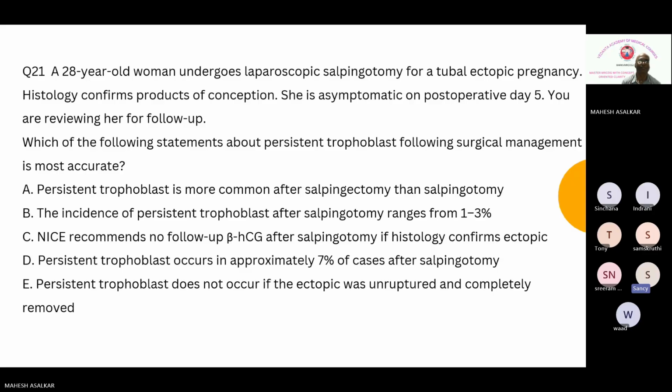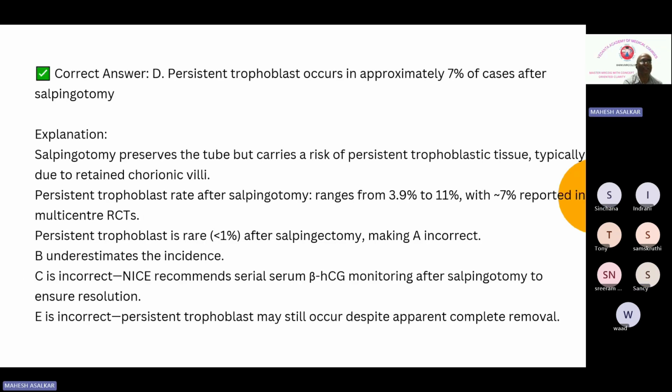Persistent trophoblast does not occur if the ectopic was unruptured and completely removed. Wrong. The correct answer is D: persistent trophoblast occurs in approximately 7% of cases after salpingotomy.